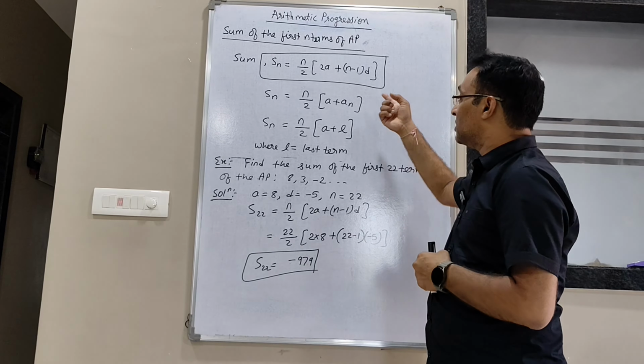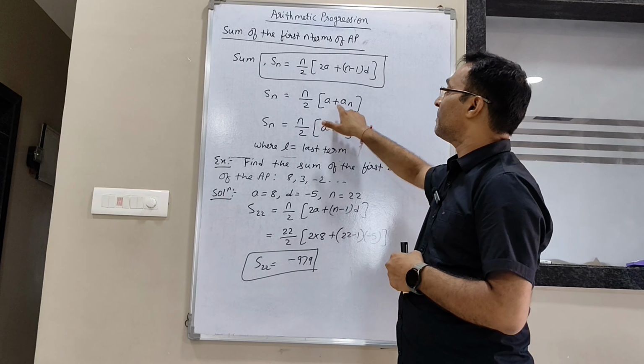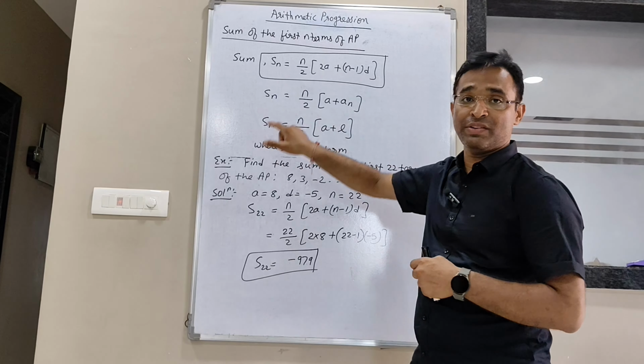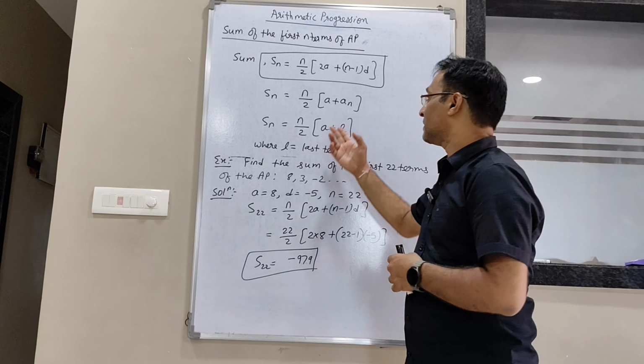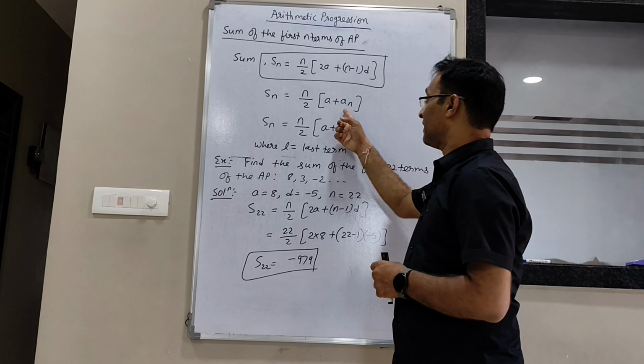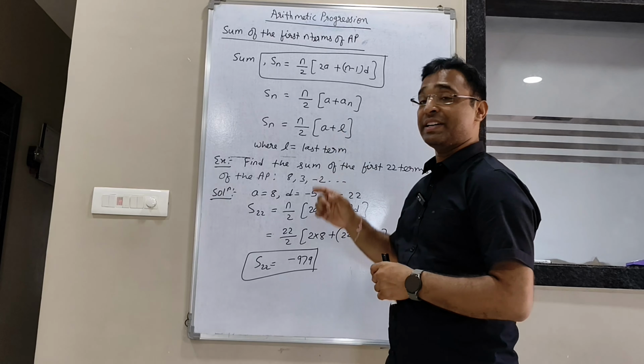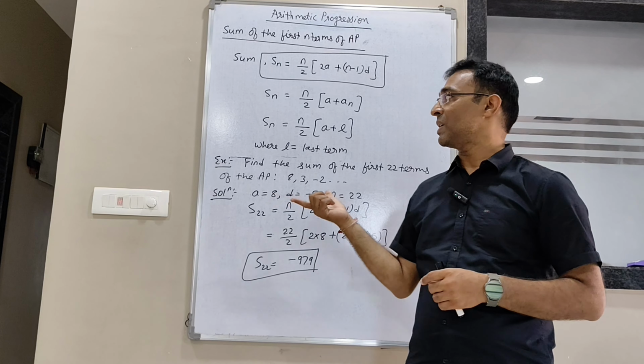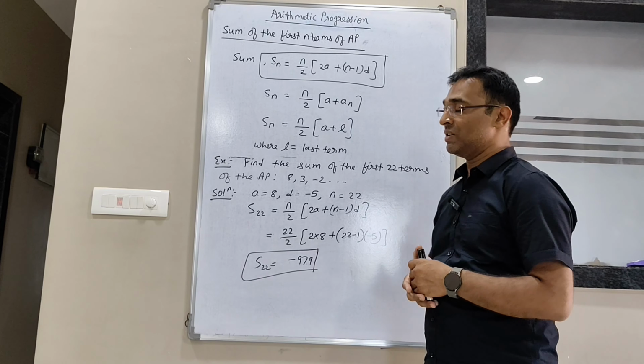This formula can also be written as n by 2 into (a plus an), on rearranging the equation, where an is the last term. Somewhere an is also represented by l. So this formula is modified to n by 2 into (a plus l) also.